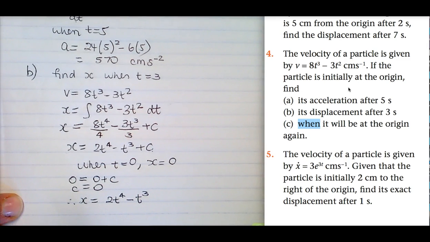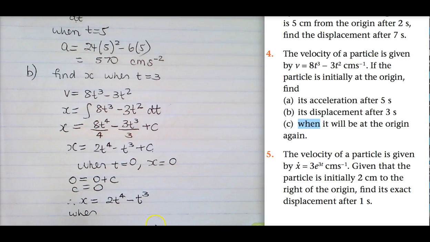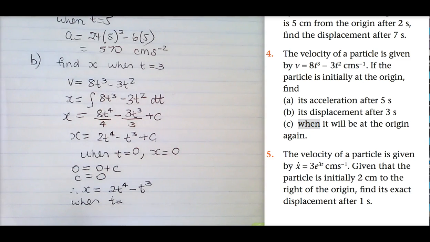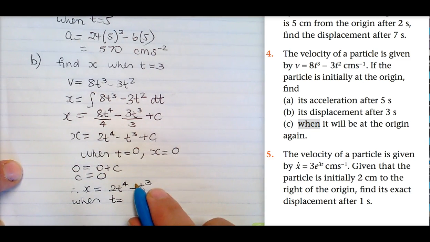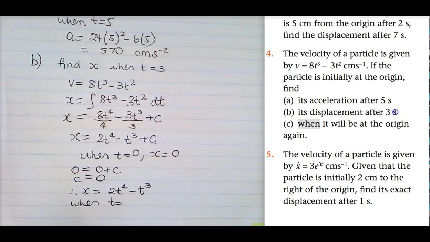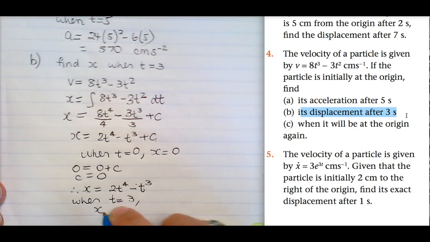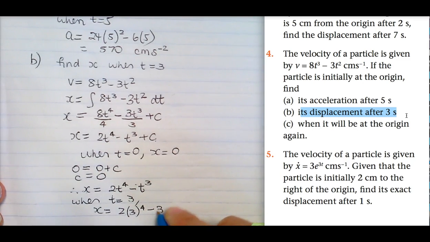The last part of the question, wait, we're still not finished. So with this question, we've got the equation for x in terms of t. We want the displacement when t is 3. So when t is 3, we get that x is 2 times 3 to the power of 4 minus 3 cubed.